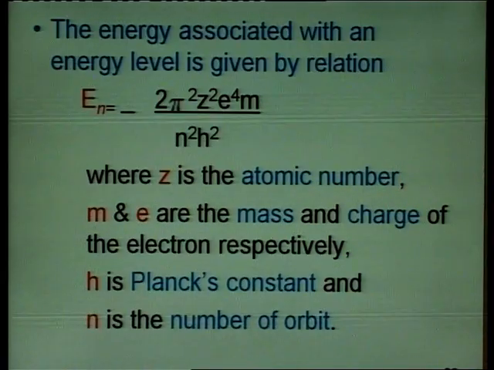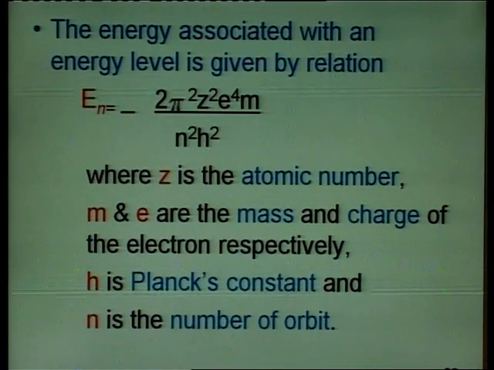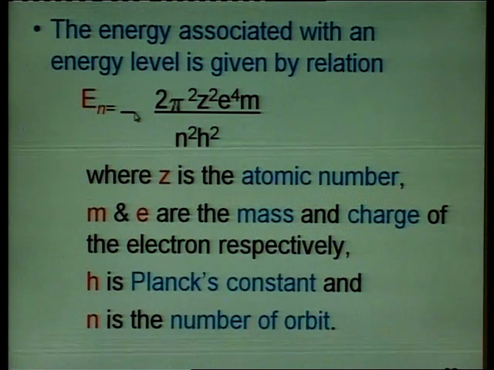So the energy associated with any energy level is given by this formula, 2 pi square z square e raised to power 4 m upon n square h square. Of course, there is a negative sign over here.